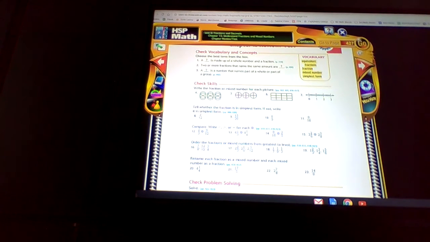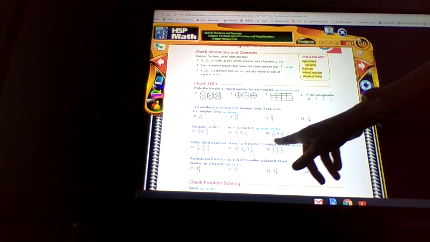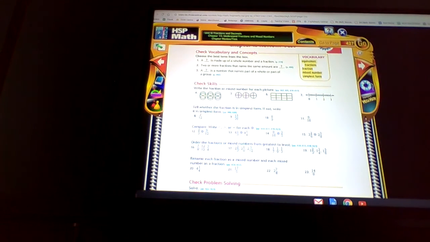Oh, that's good. I don't have to change that one. And I have to put them in order from greatest to least. So I have to find my biggest 12th, but I'm using my original fraction.